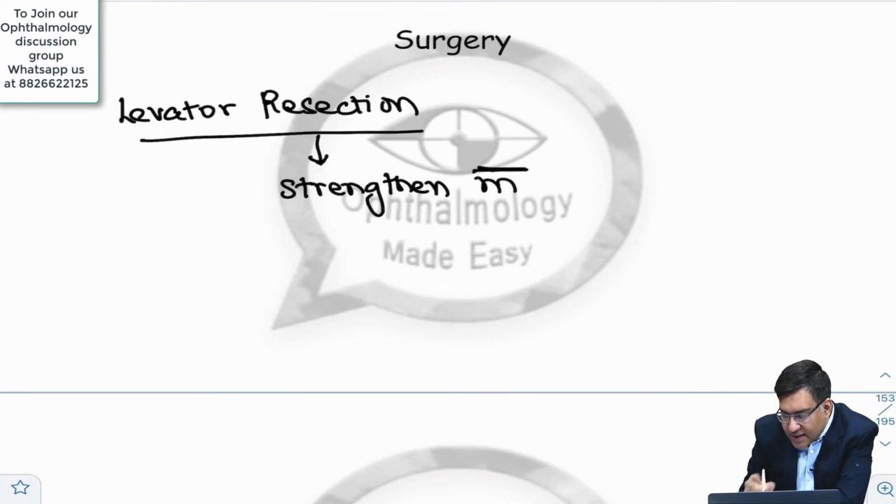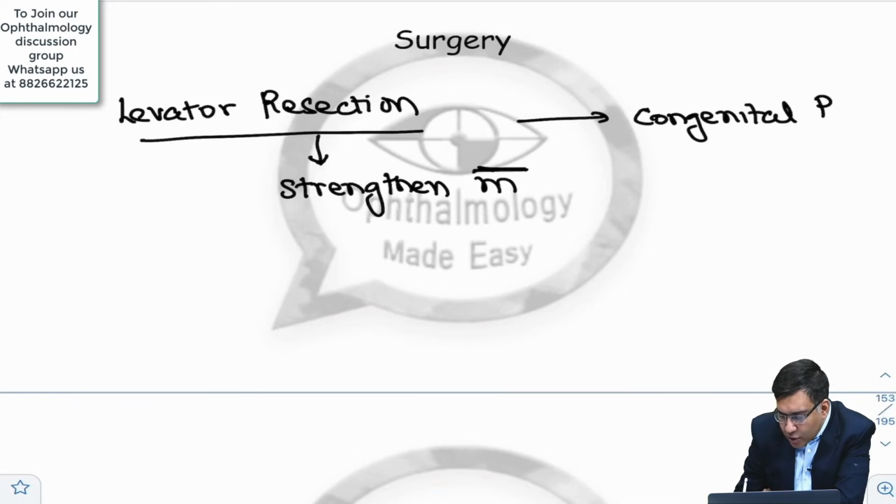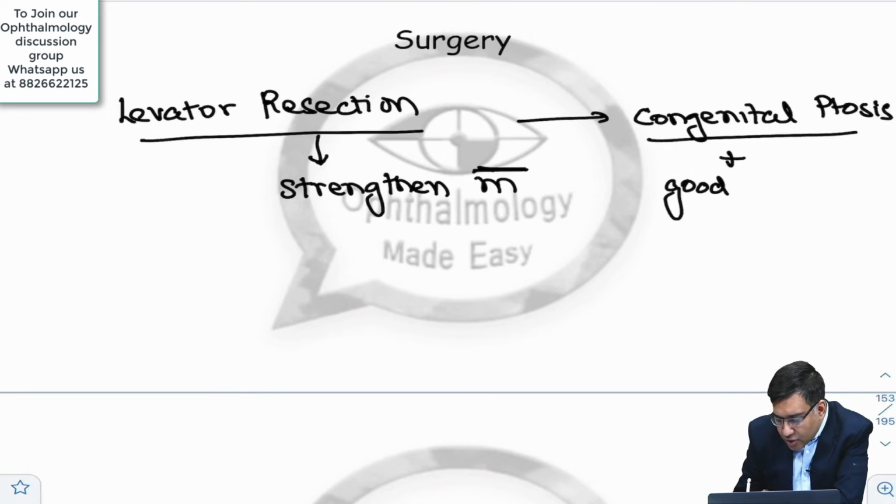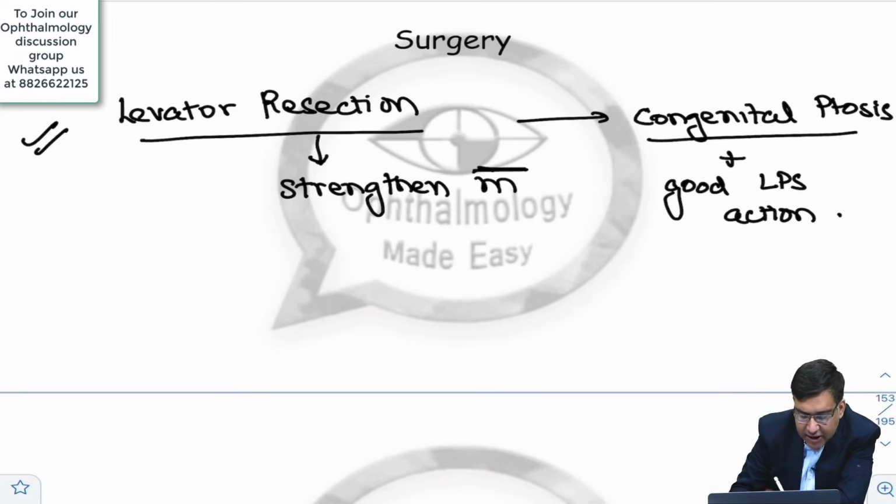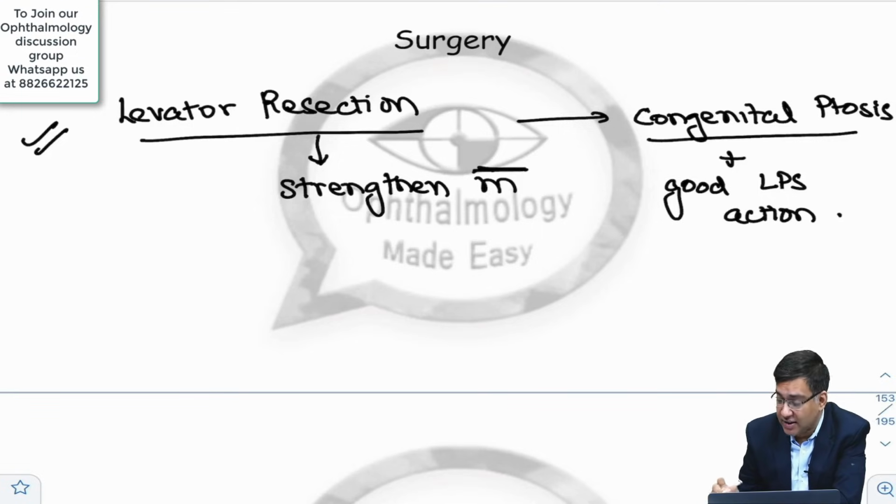Levator resection is a very good option in the patients who have congenital ptosis and have a good LPS action, so there is no LPS atrophy in those patients. In those cases, levator resection and plication is a very good surgery to do.